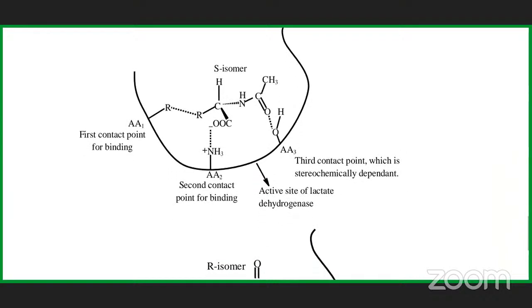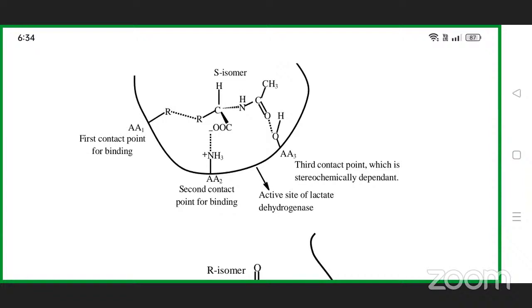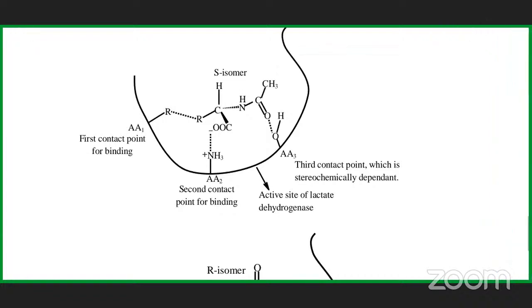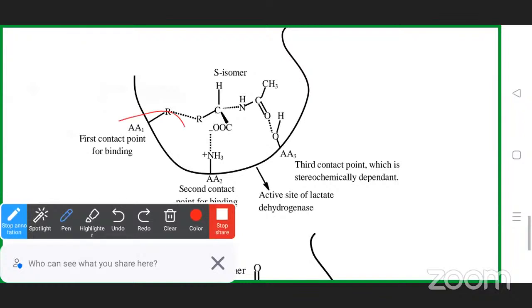You can see in the diagram amino acid 1, AA1, AA2, AA3, three amino acid residues in the receptor active site. The S isomer compound has three kinds of interactions: a hydrophobic interaction, an ionic interaction, and a hydrogen bonding interaction.